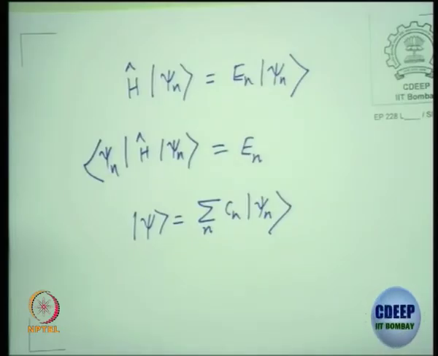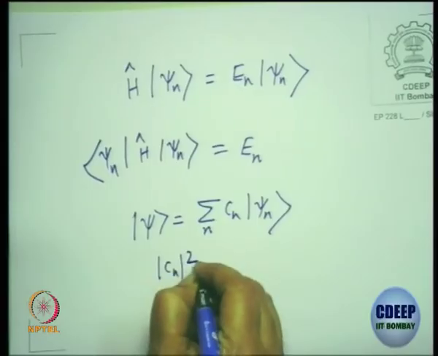You take identically prepared systems, let's take 100 of them. In each of those identically prepared systems, simultaneously you do the measurement. Suppose each row is doing the measurement on an identical system. You say E1 is the energy, somebody says E2 is the energy, and so on. So if it is infinite, I can find out how many of you got E1, how many of you got E2, and I can take the average.